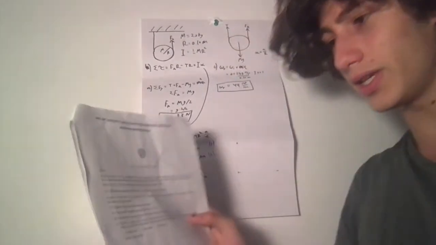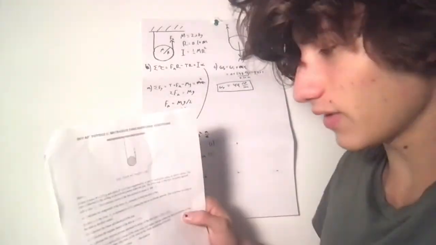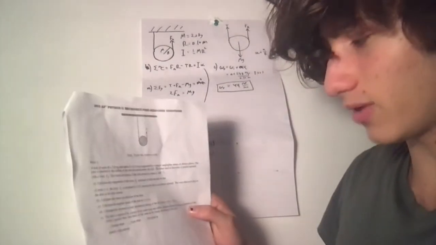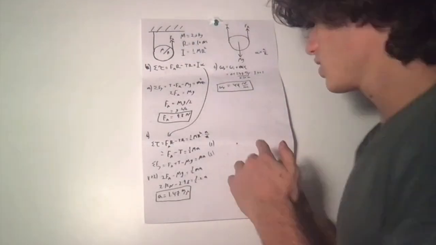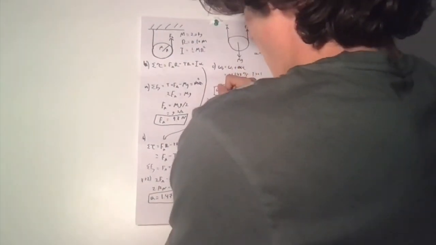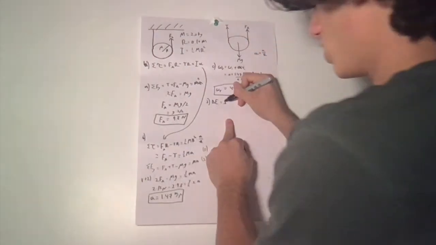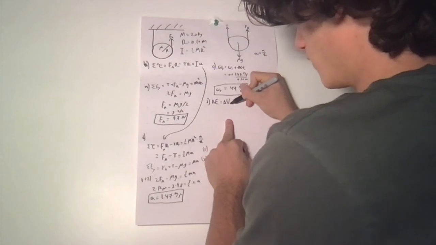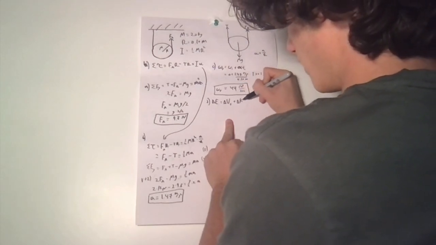Okay, so for part D, they're asking us to calculate the increase in total mechanical energy of the disk from time equals 0 to time equals 3 seconds. So for D, the change in energy is equal to the change in potential energy due to gravity plus the change in kinetic energy.